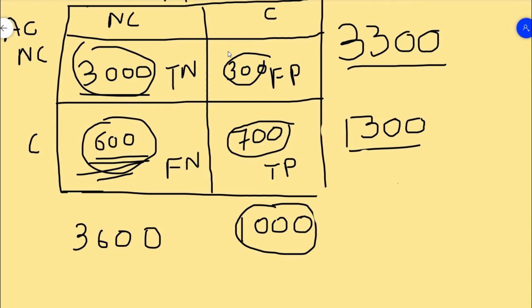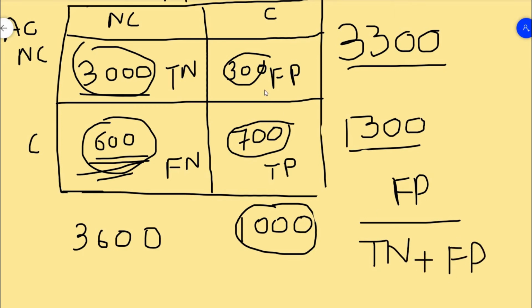False positive rate is given by FP divided by TN plus FP. TN plus FP is again 3300. So these are the actual non-cancer patients, and FP is the misclassification which we have got from our model.